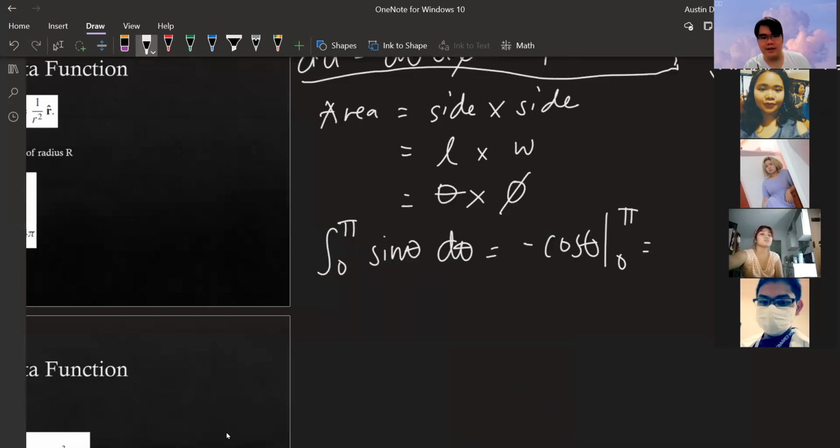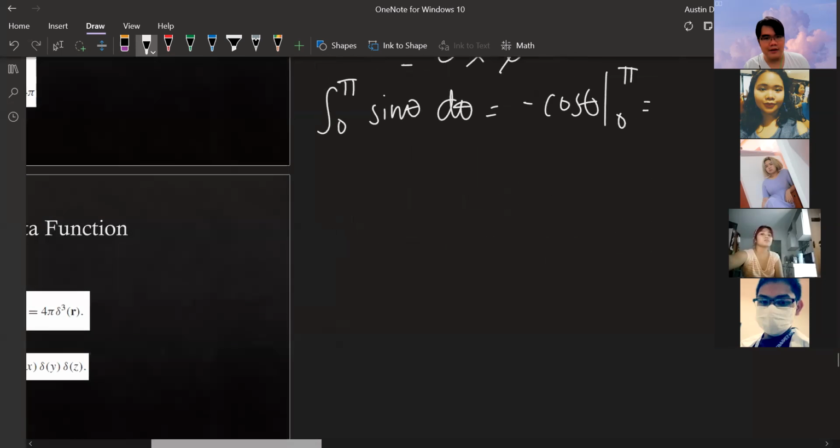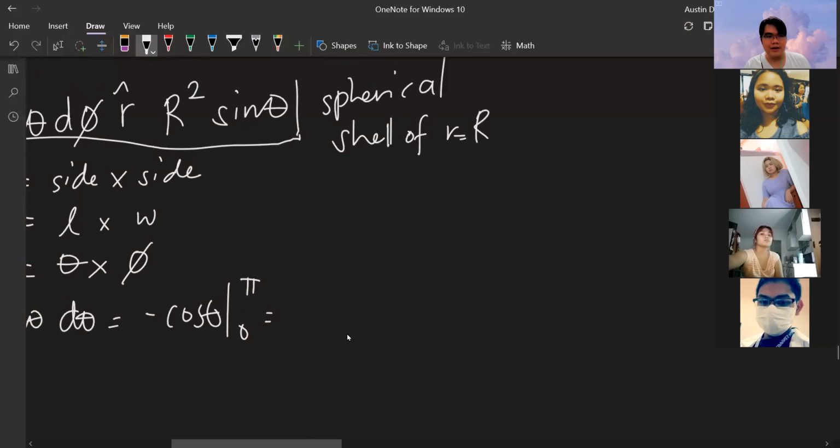And this gives me negative cosine pi, minus cosine 0. Okay?